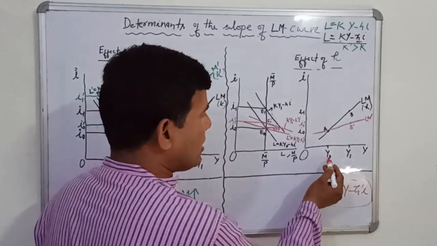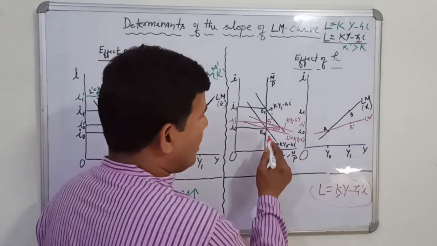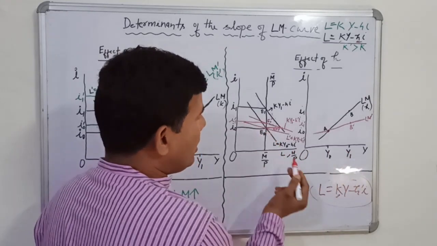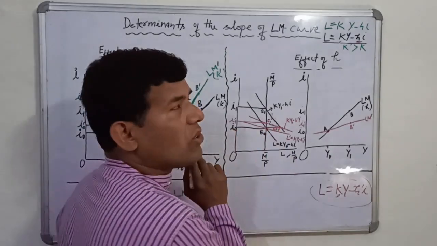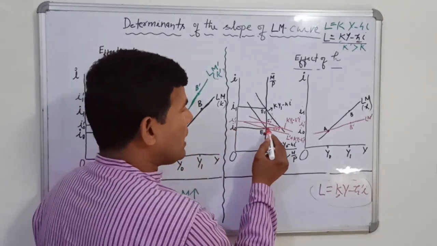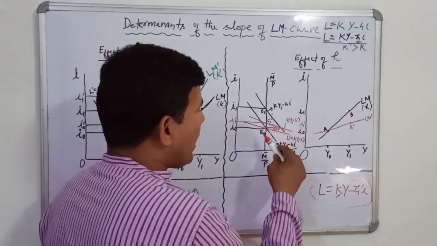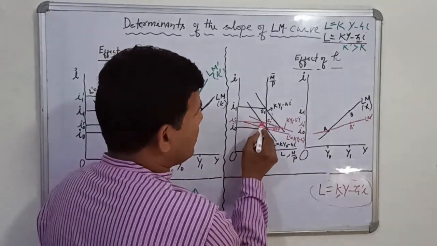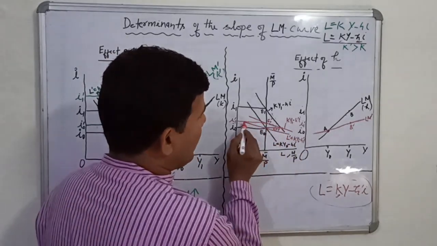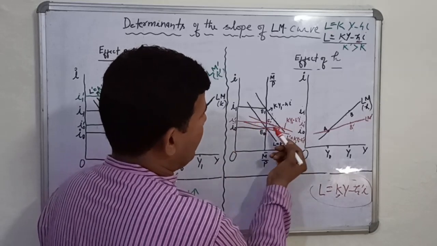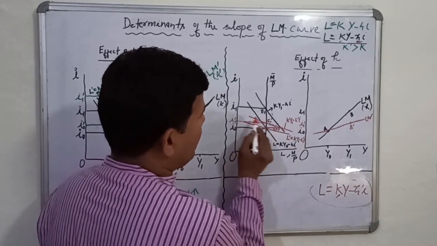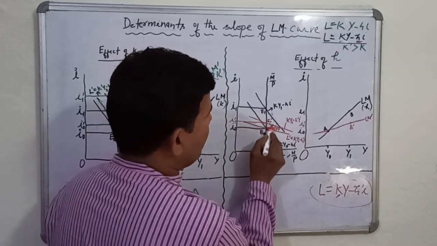So if income rises from Y0 to Y1, the rise in money demand would be exactly the same amount, K into delta Y, at the I0 interest rate. So your money demand line shifts rightward. Now when the money demand line shifts rightward, we saw that the red line shifts rightward by drawing this money demand line.